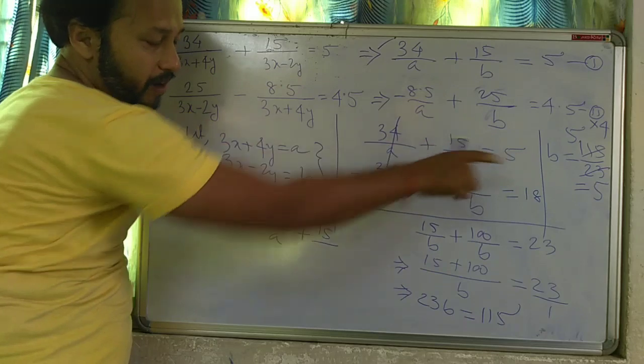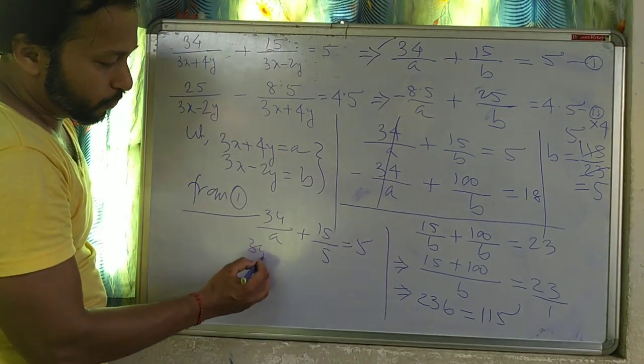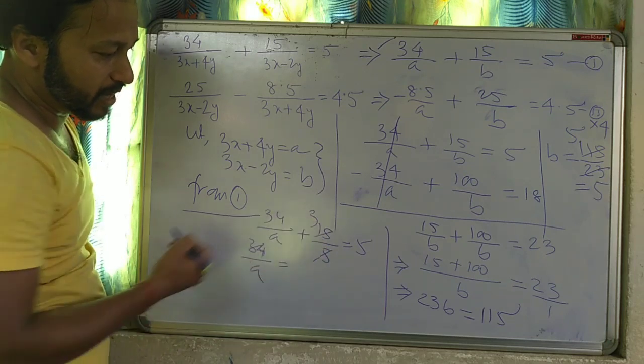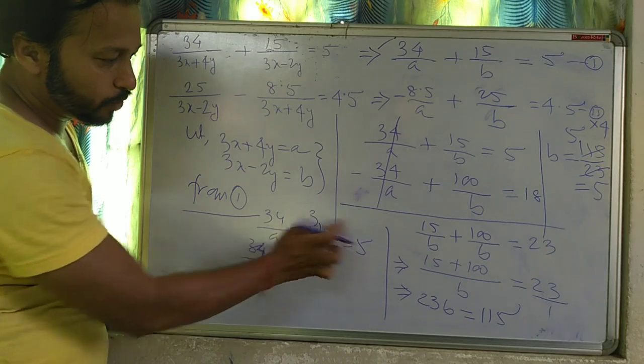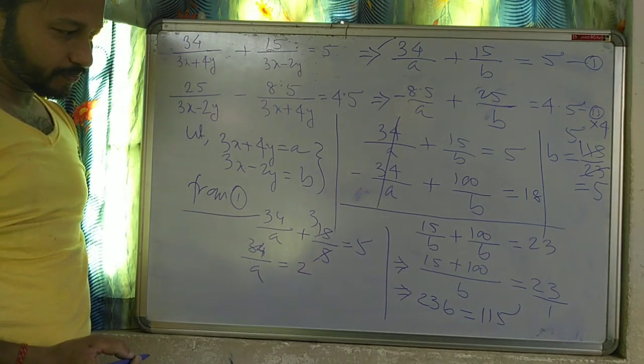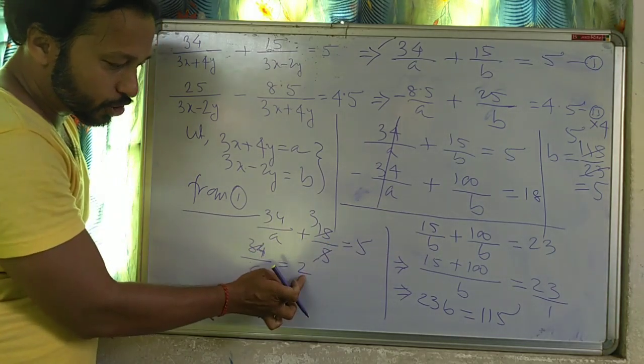What is b? 5, equal to 5. So 34 by a, 5 minus 3, that is 2, because plus 3 is going there.